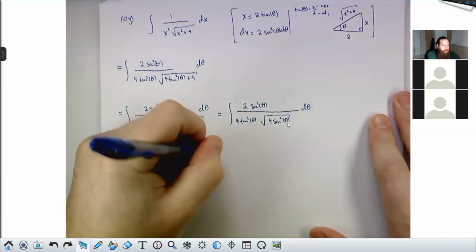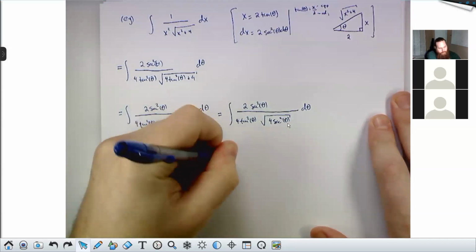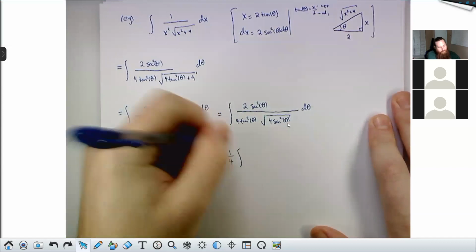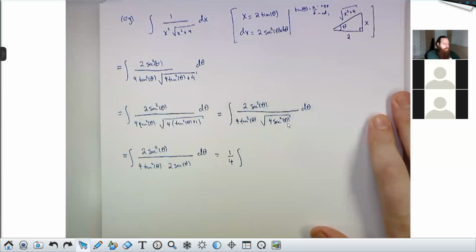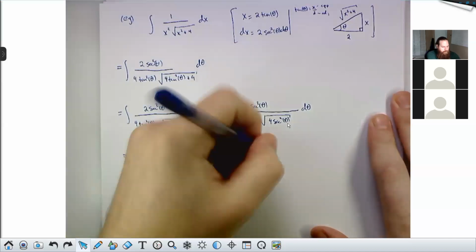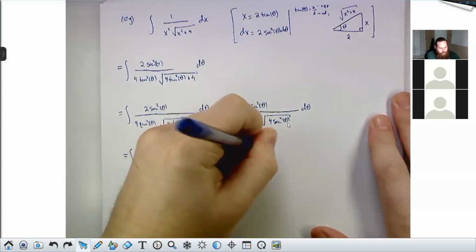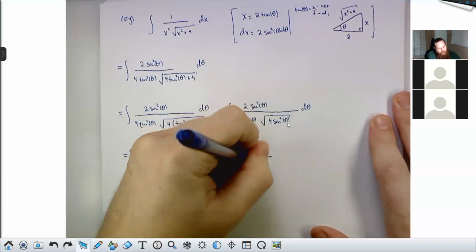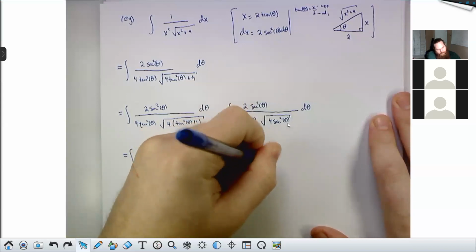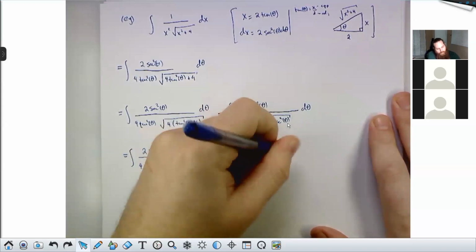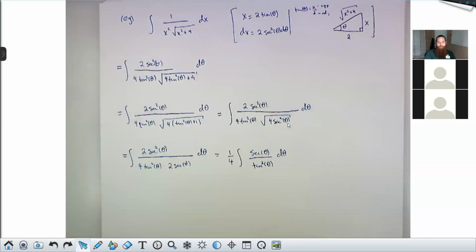So a 1/4 will pop out. And then I get integral secant squared over secant. I can cancel one of those. So I'll have secant theta over tan squared theta d theta, like so.